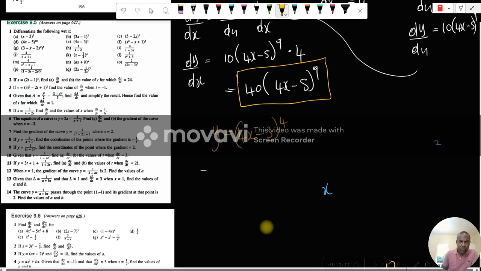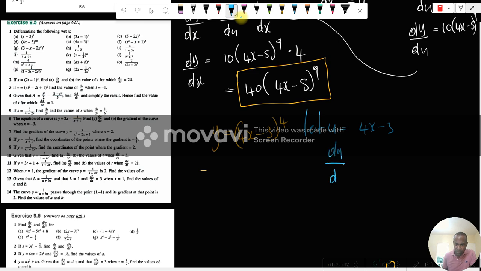So here we have y equals 4x minus 3 all to the power of 4. Let me start. All right. So, as customary, we say that let u equal 4x minus 3, which means that du by dx is equal to 4 times 1, which gives us 4. And of course, this would also mean that y equals u to the power of 4.